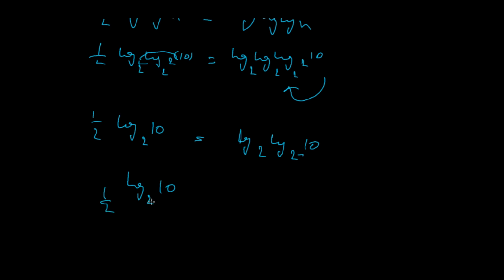The value of log 10 base 2 will be around 3 point something. So into 1 by 2 for this side, and here it will be around log 2 of 3 point something. So this will be so much lower, and we want this one to be bigger.